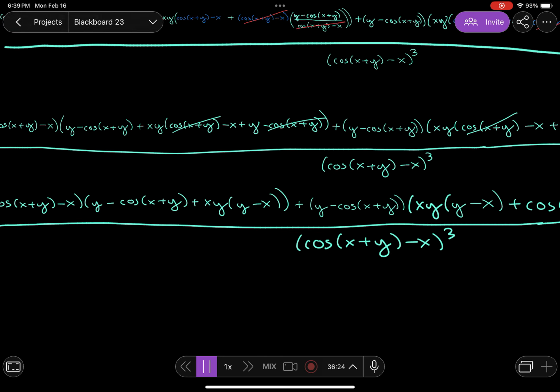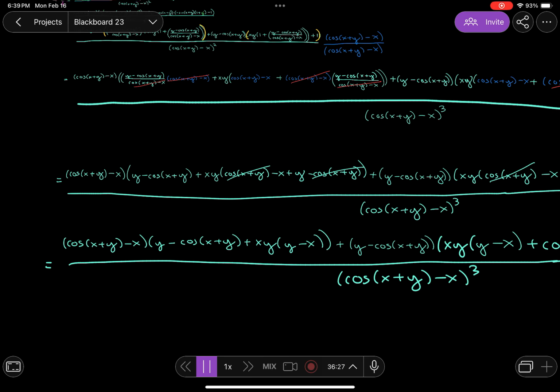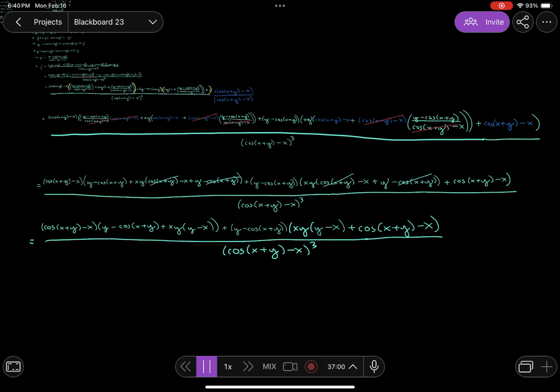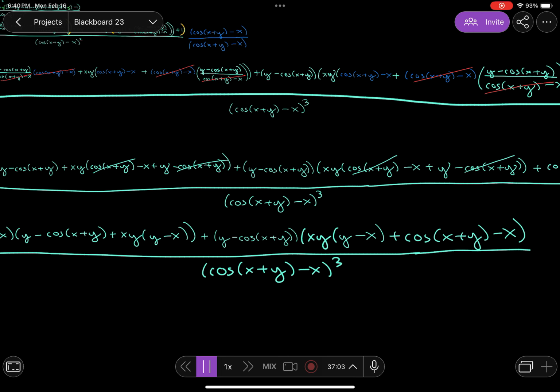Okay, let's see. What other cleaning up can we do? If anything. We have cosine of x plus y, so we have cosine of x plus y squared. I mean, is there anything more we can do? Is there any other cancellations that will occur?